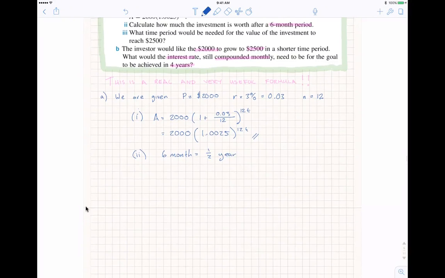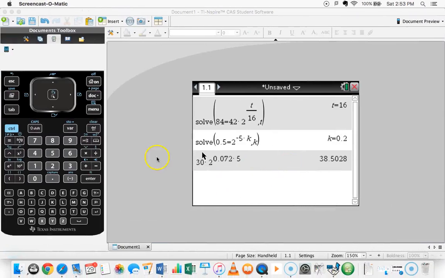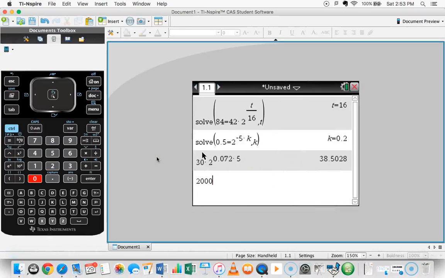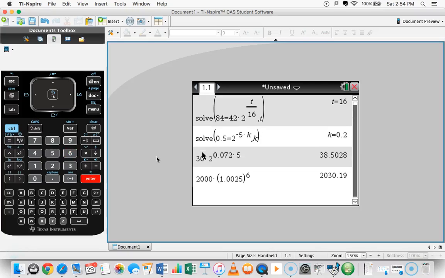So if we substitute t equals a half into the formula that we've just derived, twelve times a half is just 6, and we can put that straight into our CAS. And we get $2,030.19.